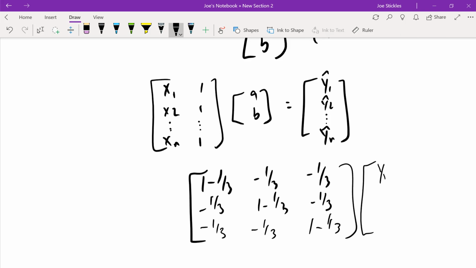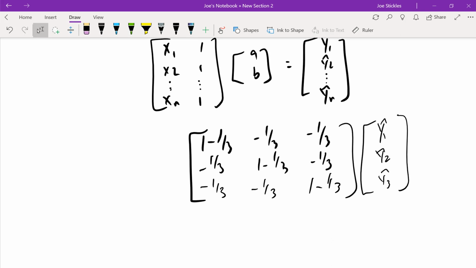And multiply this by, just say we had y1 hat, y2 hat, y3 hat. So give me the y values, I don't think. Let's see. So this gives me what? Let's just say we had from the first one here. Oops.